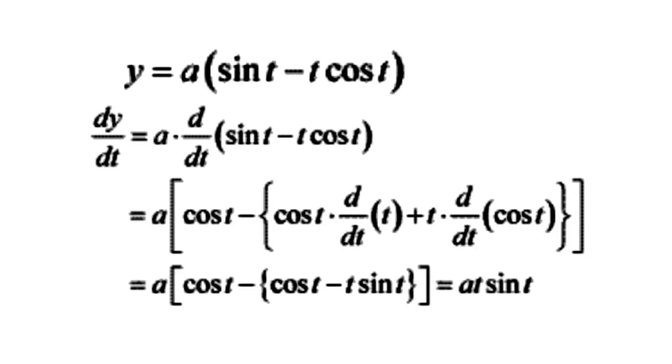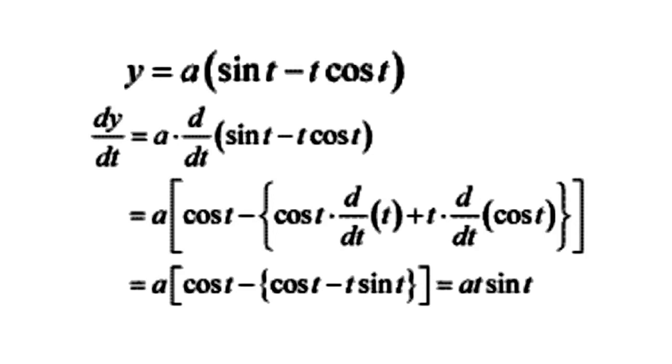So in this we will apply the u into v rule, but inside the bracket. So we will get cos t into derivative of t plus t into derivative of cos t. In this we have to find the derivative of two terms. First one is t, whose derivative is 1, and second one is cos of t, whose derivative is minus of sin t.